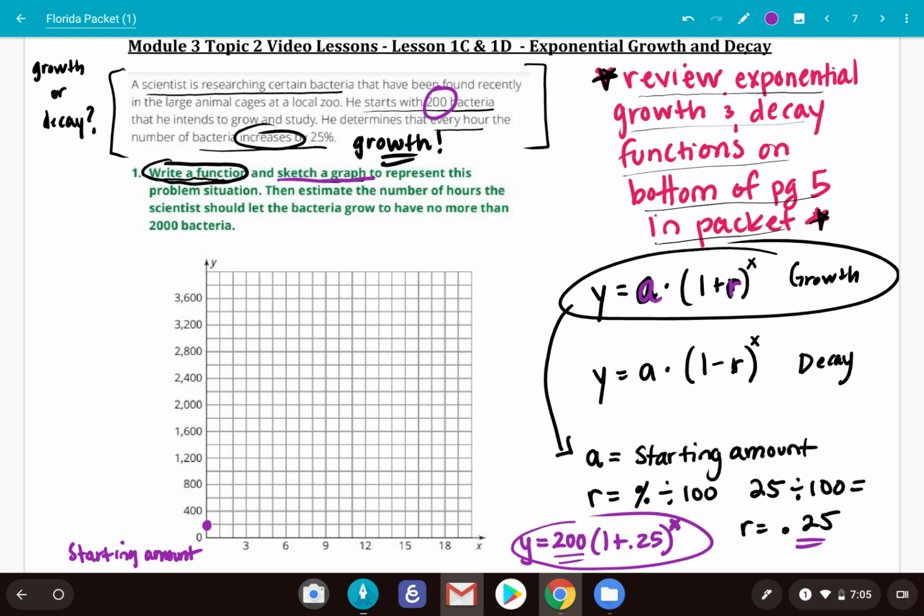So we'll substitute in our x as our time. So it says every hour it's increasing by 25%. So this would be after 3 hours, this is after 6 hours, this is after 9 hours, 12 hours, 15 and 18 hours. So let's go ahead and get some key points here. We'll use Desmos to do that.